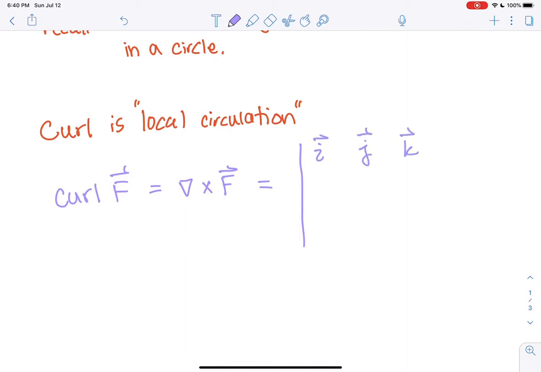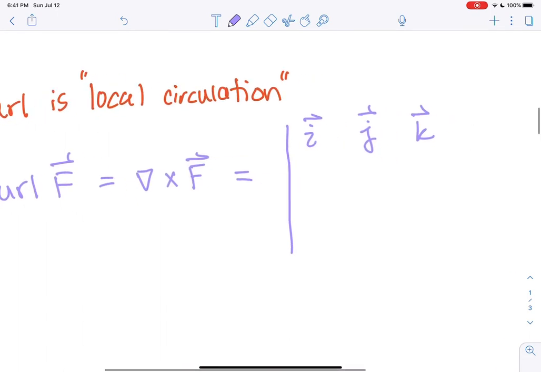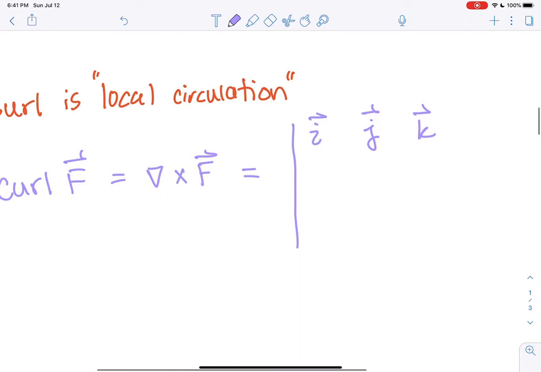And then the del operator, remember, is that set of three partial derivatives in the respective directions. So we'll have the partial with respect to x, partial y, and partial z. Those are partials, not 2's. Let me make those a little bit more clear. So it's the partial, partial, partial.